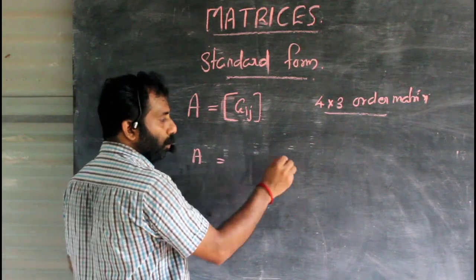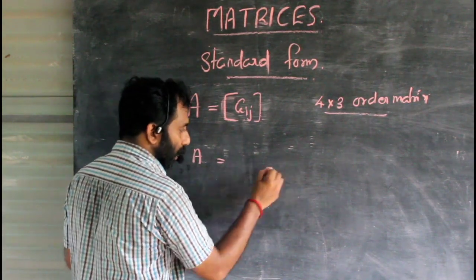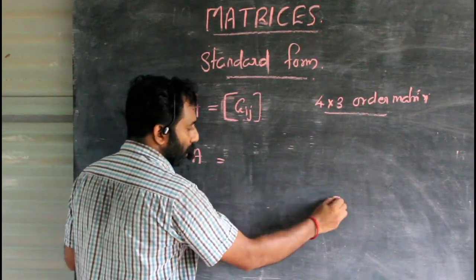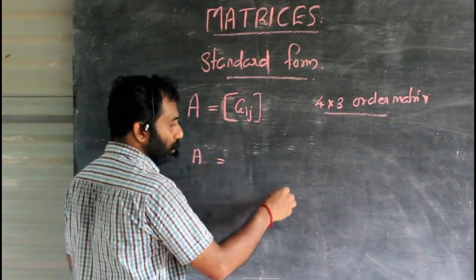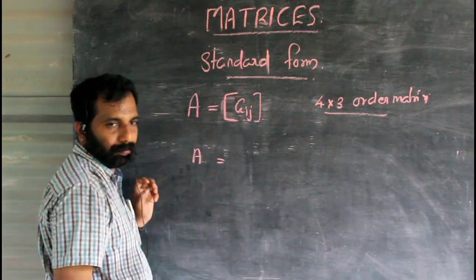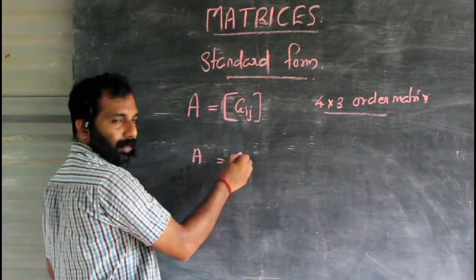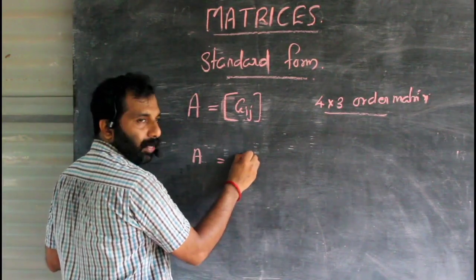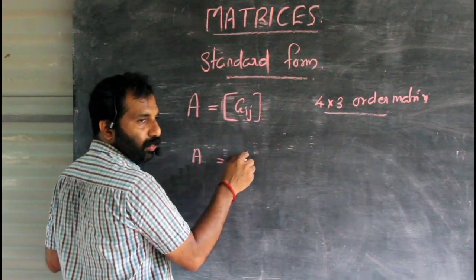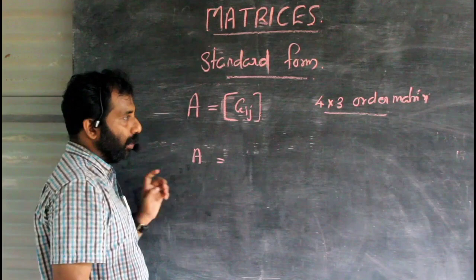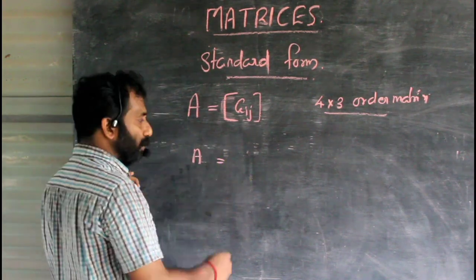So 4 rows means here 1 line, 2 line, 3 line, 4 line. Here the columns: 1 line, 2 line and 3 line. So there is a number. The first number is the number representing the first row and first column.